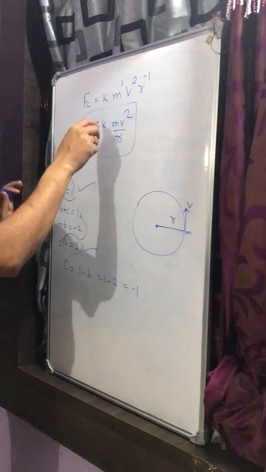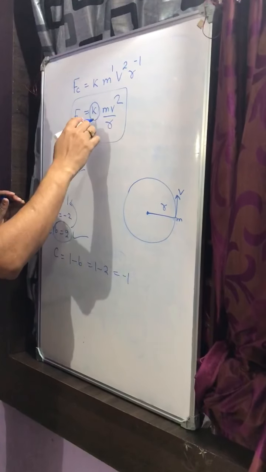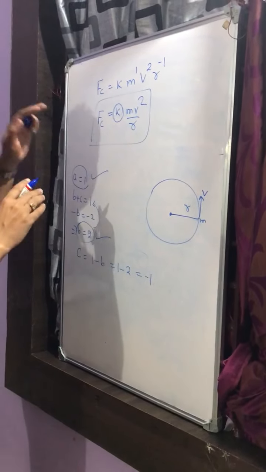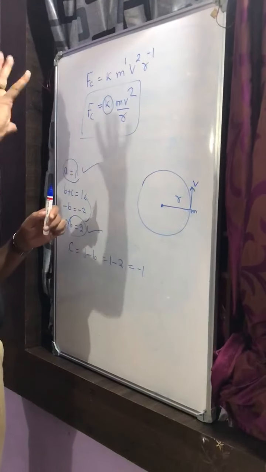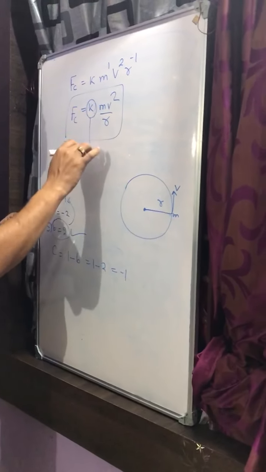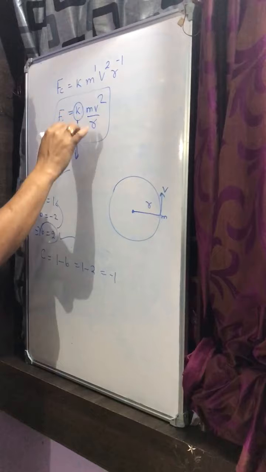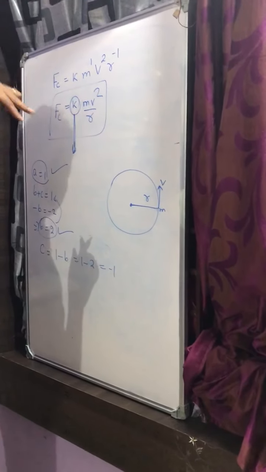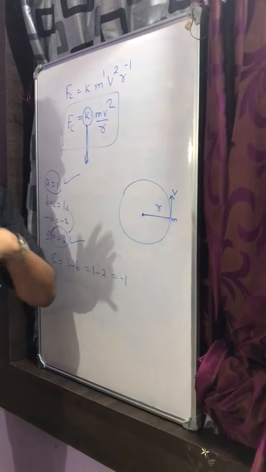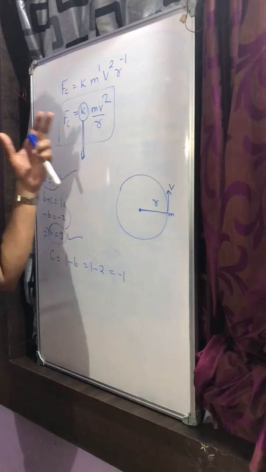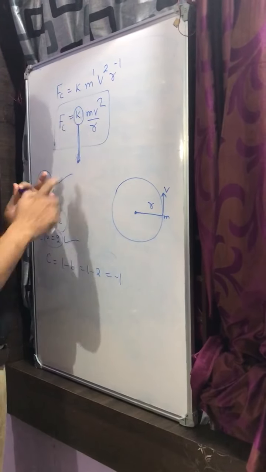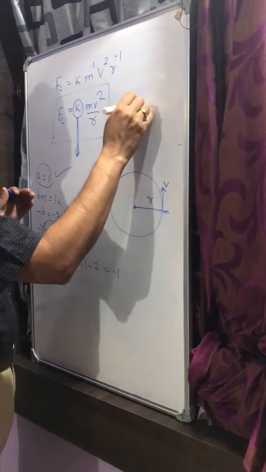But here we have calculated Fc equal to k m v square by r. That means in this method we cannot actually determine the dimensionless constant, but otherwise we can determine on what factors this physical quantity depends. So if you know the value of k, then put it, otherwise leave it like this.